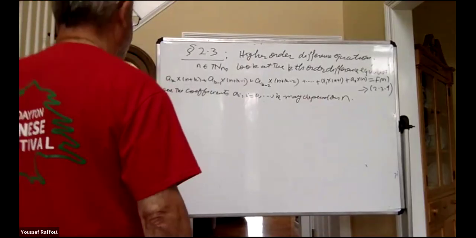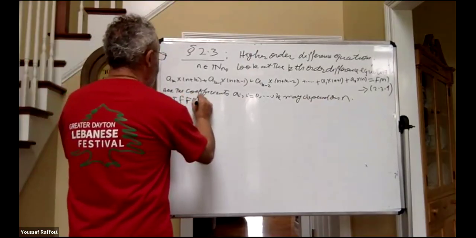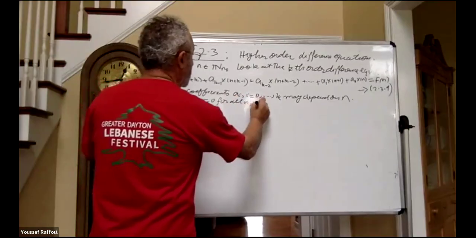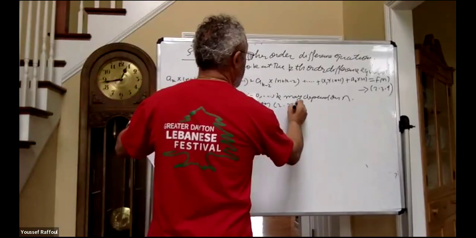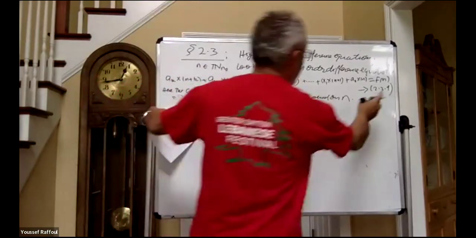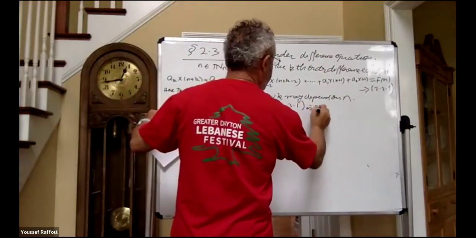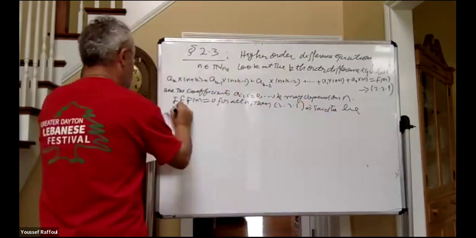Now, if f(n) is equal to 0 for all n, then 2.3.1 is said to be homogeneous.